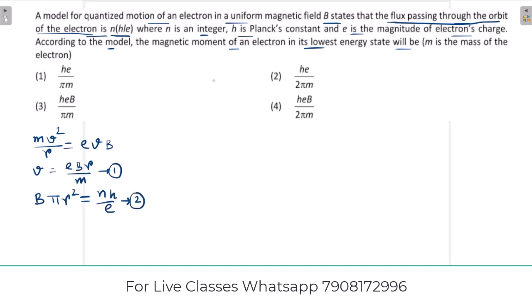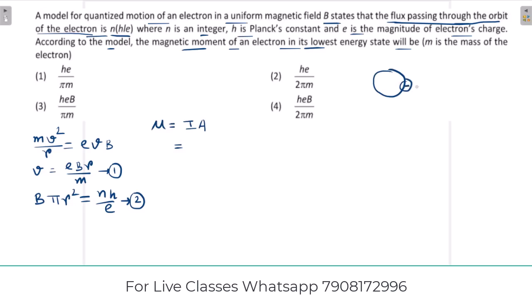Now what we have to find? We have to find the magnetic moment of the electron in its lowest energy state. So in the lowest energy state n is 1. Now we know that magnetic moment mu is equal to current into area, I into A. Here the electron moves in a circular path.